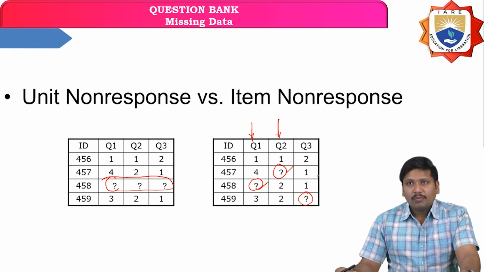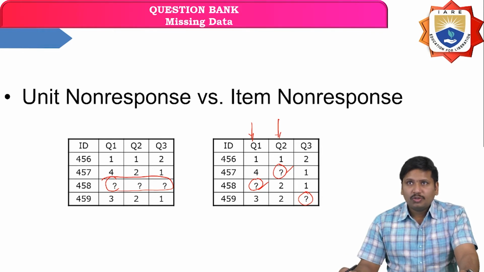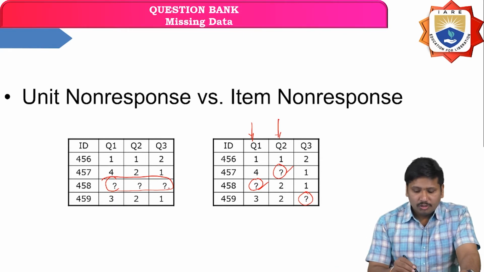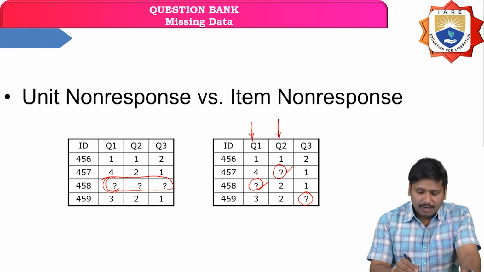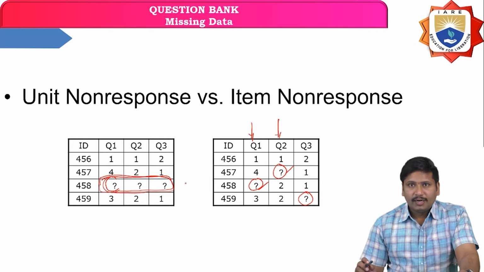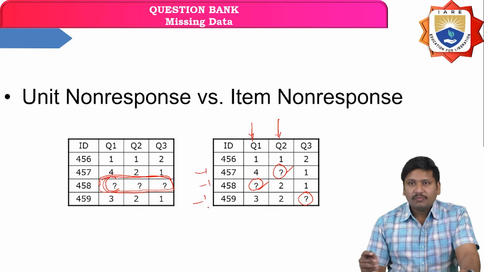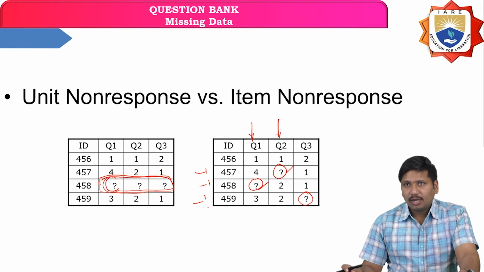This we call item non-response missing data. So unit non-response is where the entire unit's data is missing, and item non-response is where data is missing for some particular portions of the application.